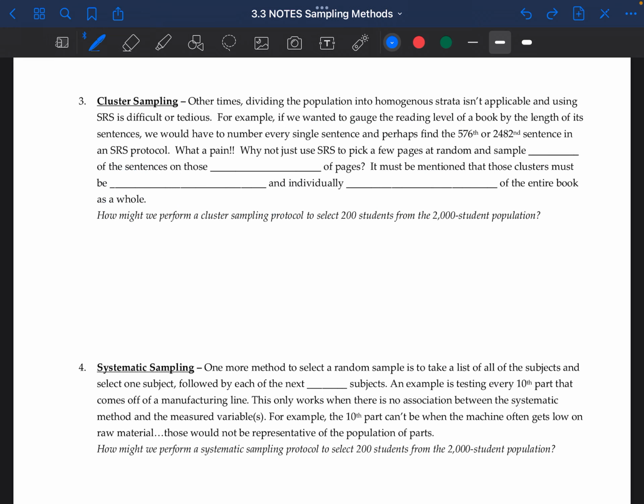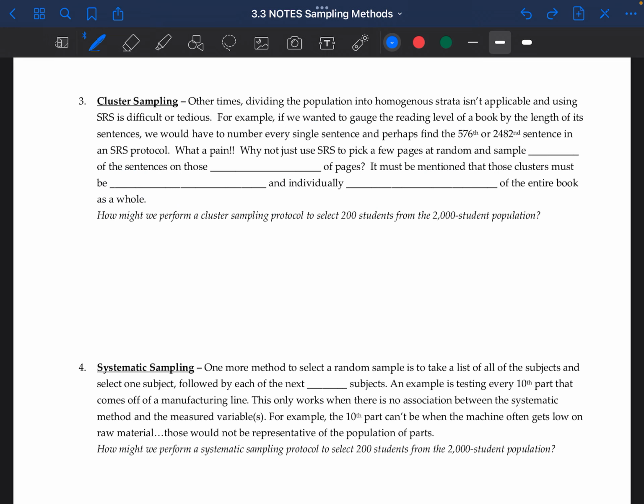So cluster sampling. Sometimes your population can't divide into these samesies groups in a nice way. And if you say, great, I'll just use a simple random sample, it could be annoying, tedious, time consuming.